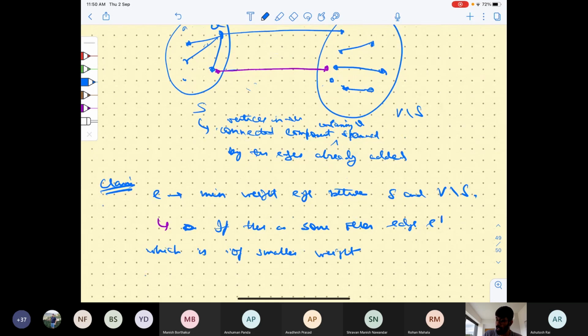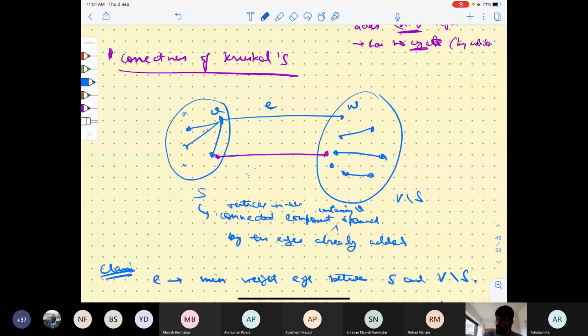Then it has to be added before E. Why? Because it does not cause any cycle. And why does it not cause any cycle? Because its one endpoint will be by definition in the connected component including V, and the other endpoint will be outside this. So that is why it cannot cause any cycle.